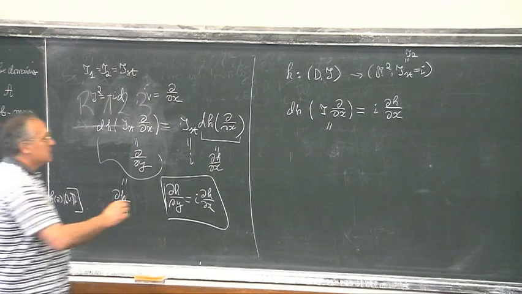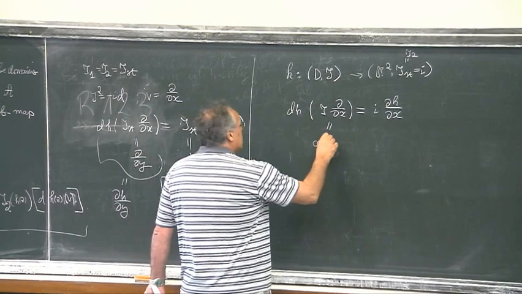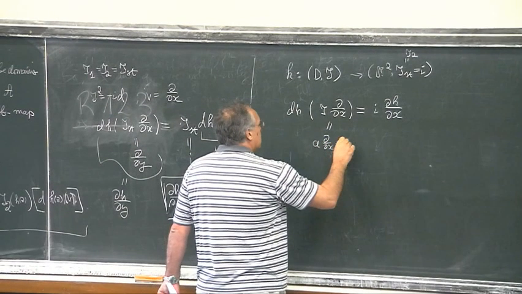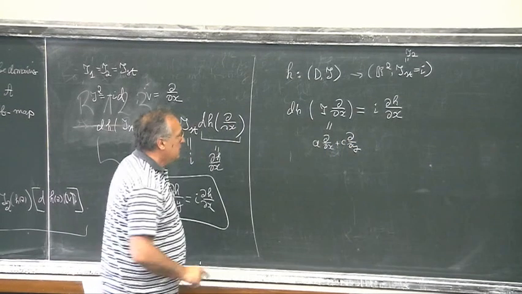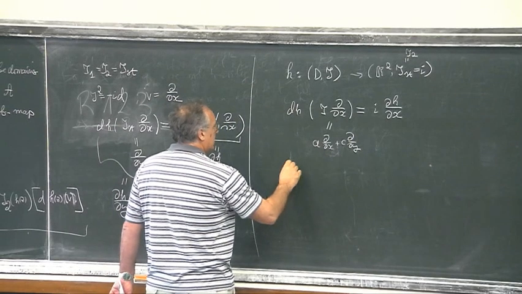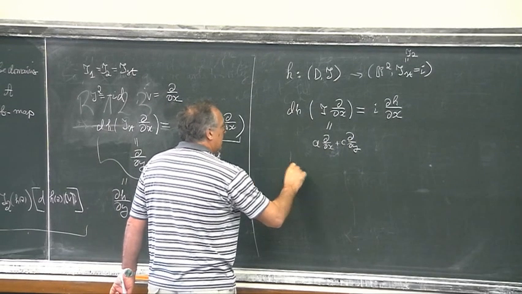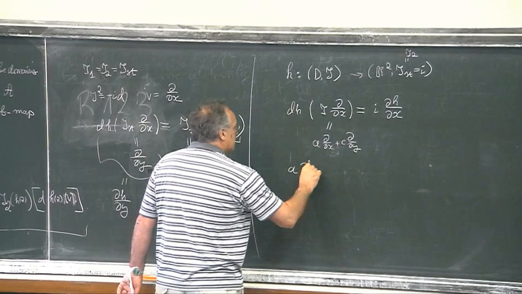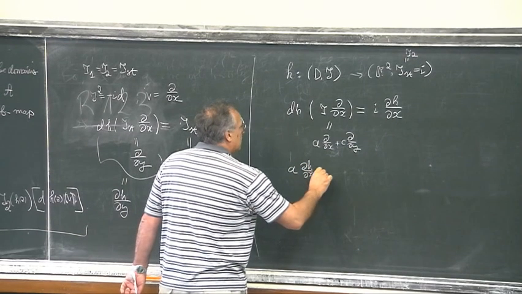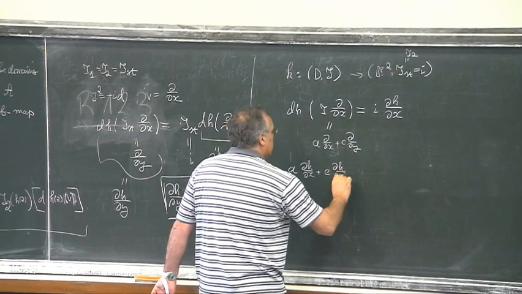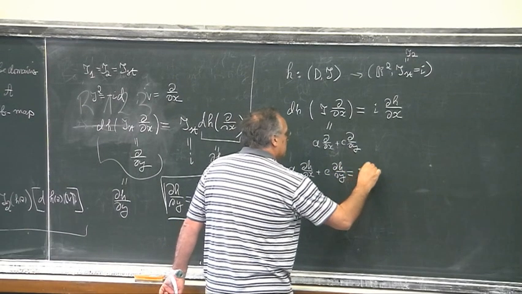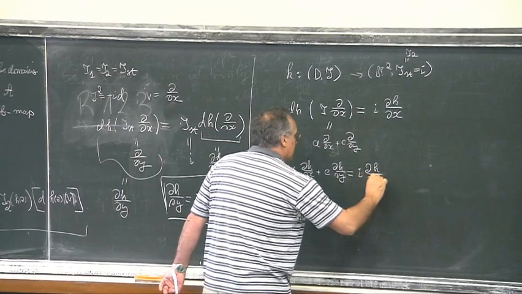Okay, so this is a times d over dx plus c times d over dy. And therefore, we obtain that a times dh over dx plus c times dh over dy is equal to I times dh over dx.